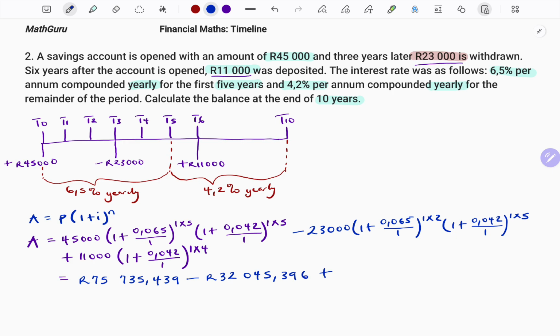Then for my last deposit of 11,000, that gave me 12,967 rand 718 cents. So in total, my accumulated amount will be 56,657 rand, and in cents, I have 76 cents.